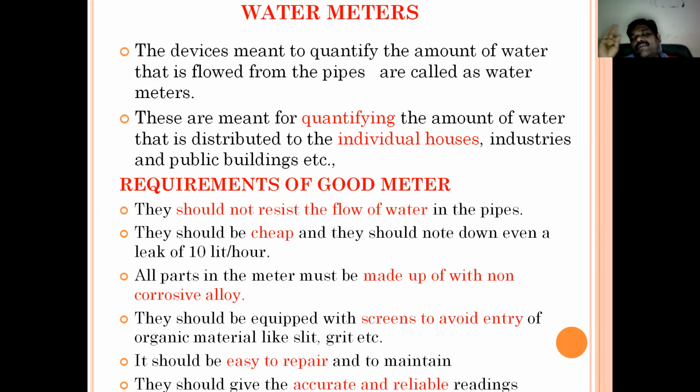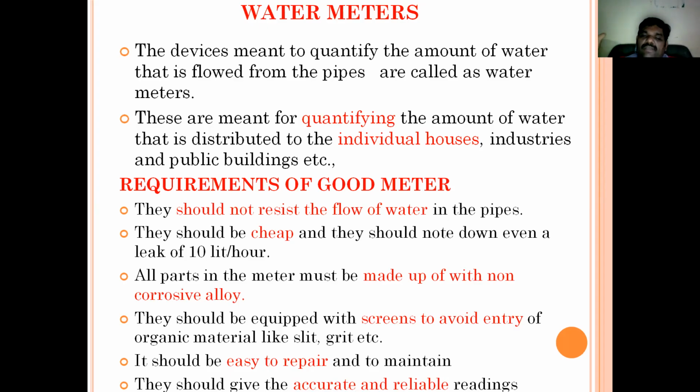All the parts of the selected meter must be made of non-corrosive alloy, and they should have screens to avoid the entry of silt, grit, and any other fine particles. If they enter, the meter may get spoiled.